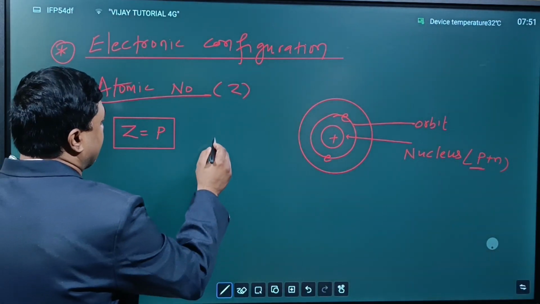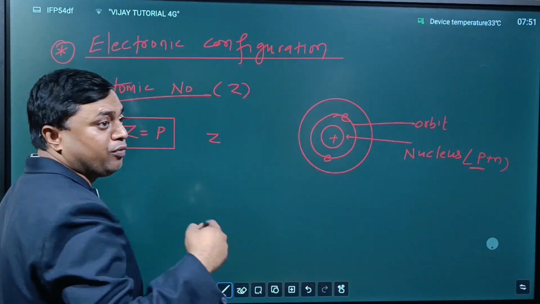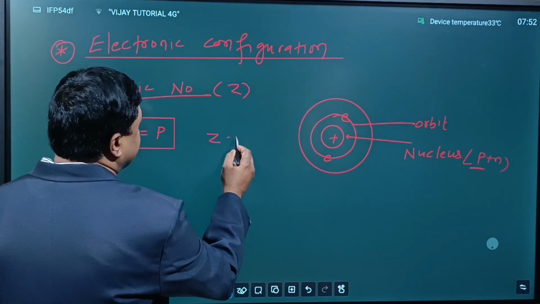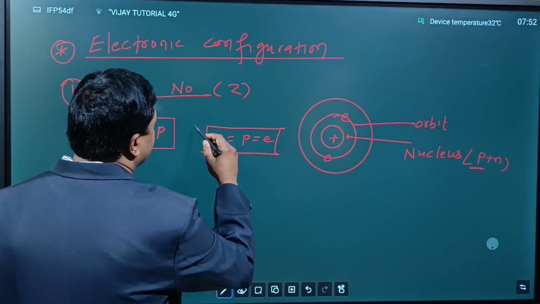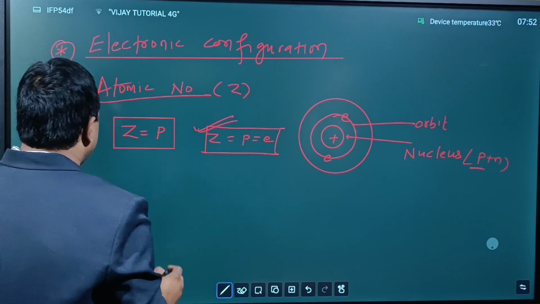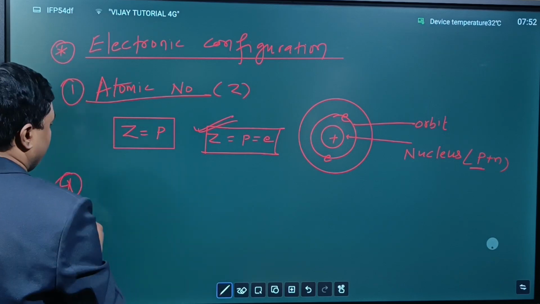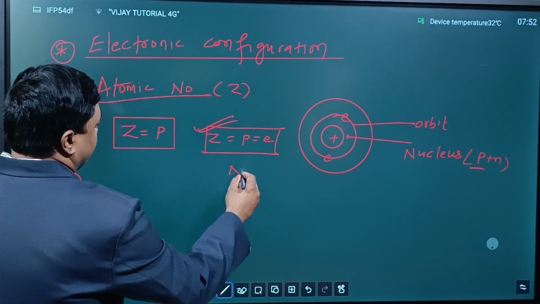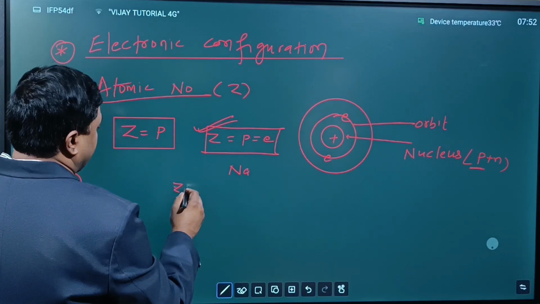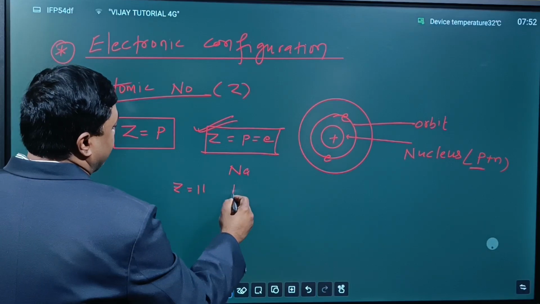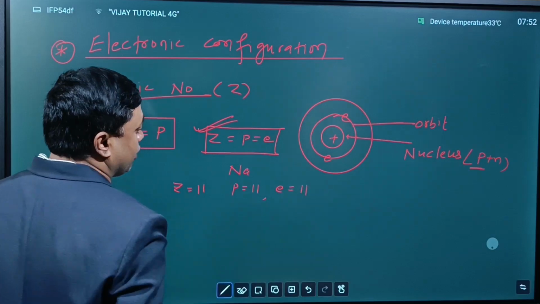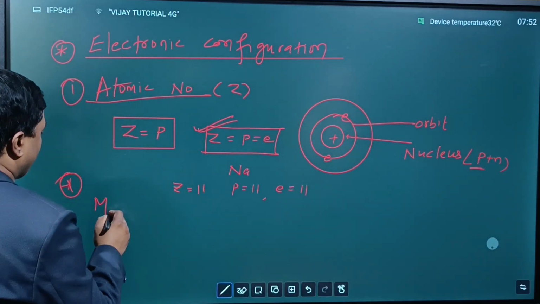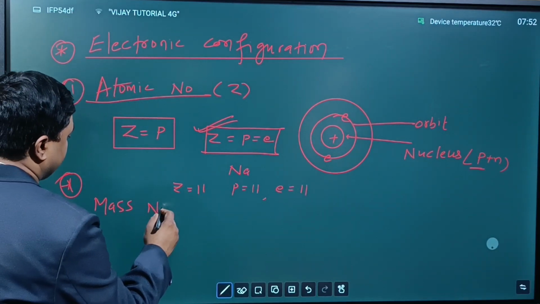Generally for a neutral atom, the number of protons and number of electrons are the same, so we can say Z is equal to P is equal to E. For example, sodium, atomic number is 11. So how many protons? 11 protons. How many electrons? 11 electrons.